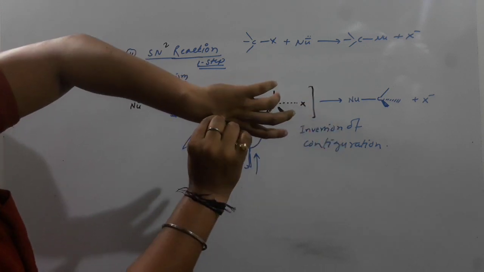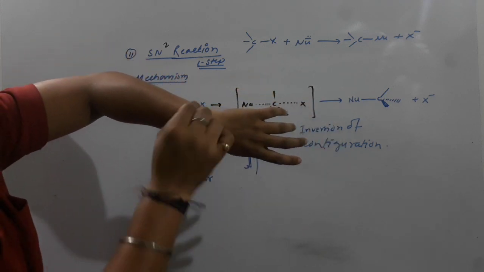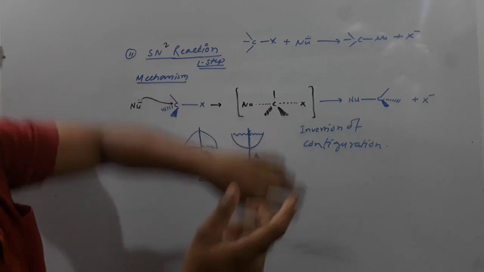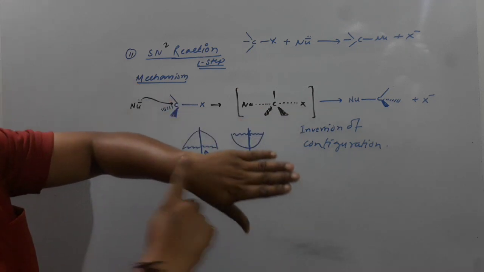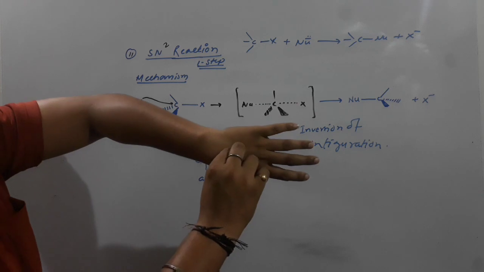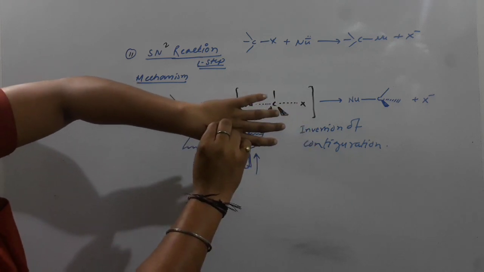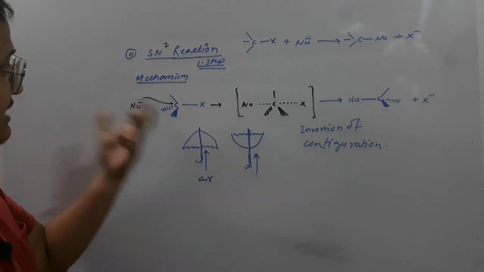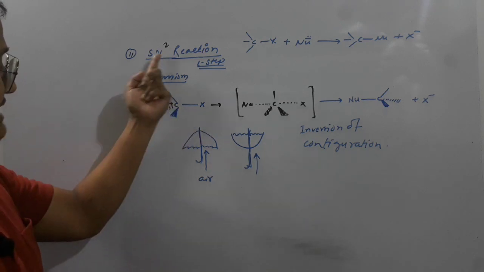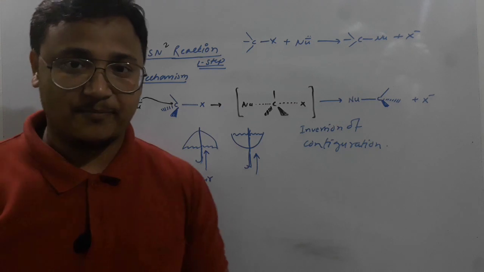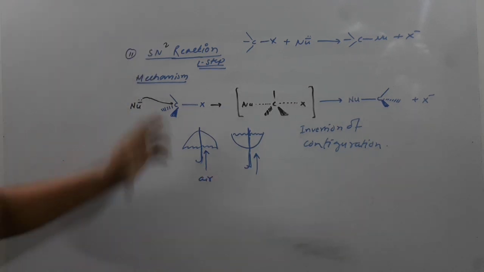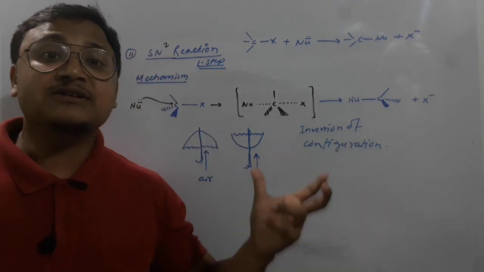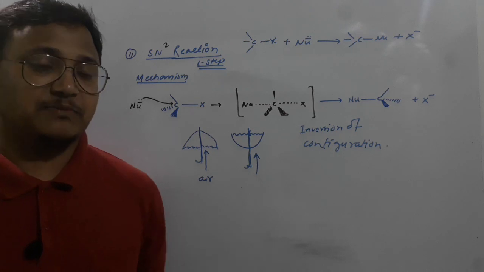But that is not possible, so the flattened skin, for a moment, will look like this. Exactly the same thing is happening here. So when you are writing the product in terms of the SN2 reaction, you have to write in this form. In the case of the SN2 mechanism, inversion of configuration takes place.